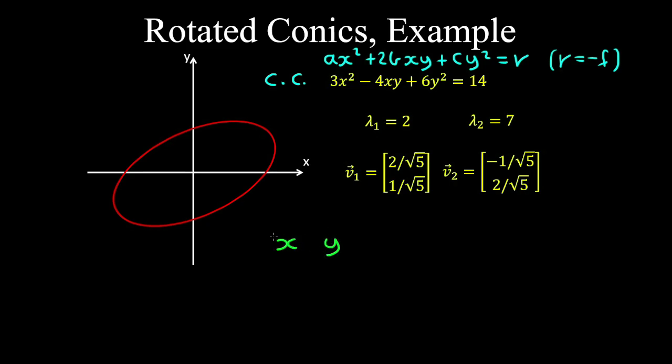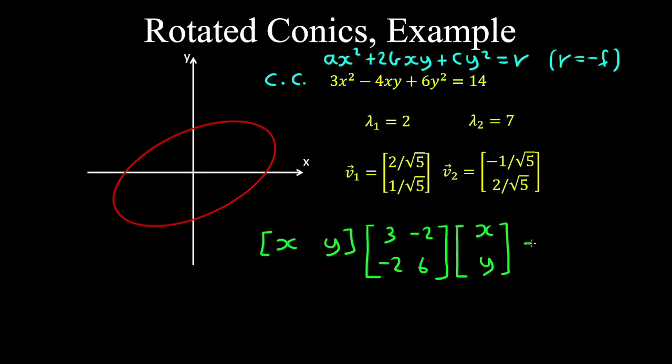So we have xy by the matrix A with the coefficients of the squared terms on the diagonal, and minus 4 on 2 gives minus 2 for the off-diagonal terms, which corresponds to the cross term. And that's multiplied by xy is equal to r, which is 14 in this case.